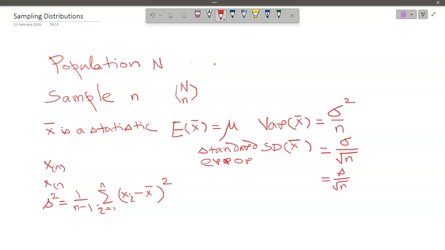Now this is also a statistic, a function of the sample values, and we can calculate its expectation. Expectation of S square is equal to sigma square. To make S square unbiased, we need to have n minus 1 in the denominator.